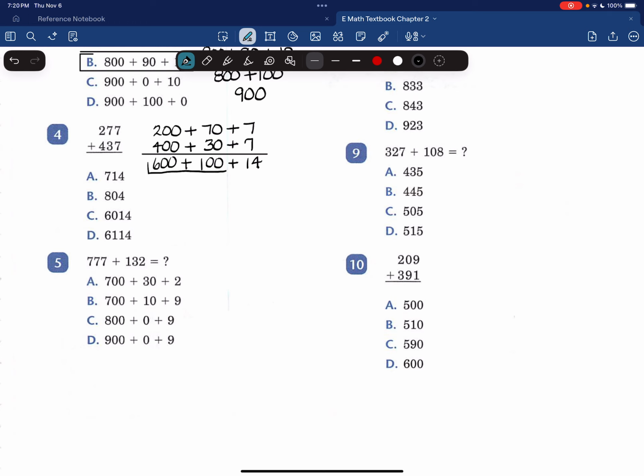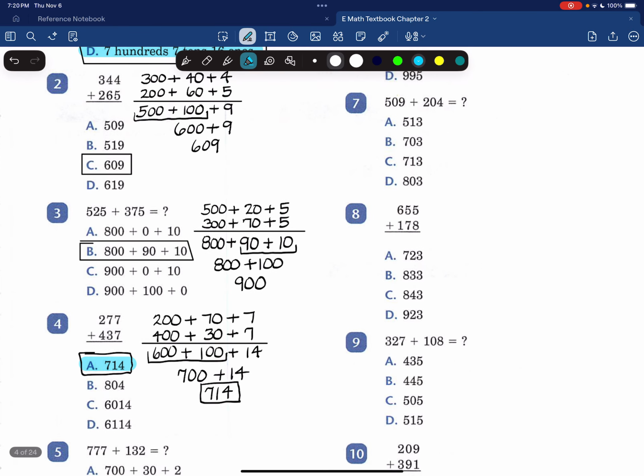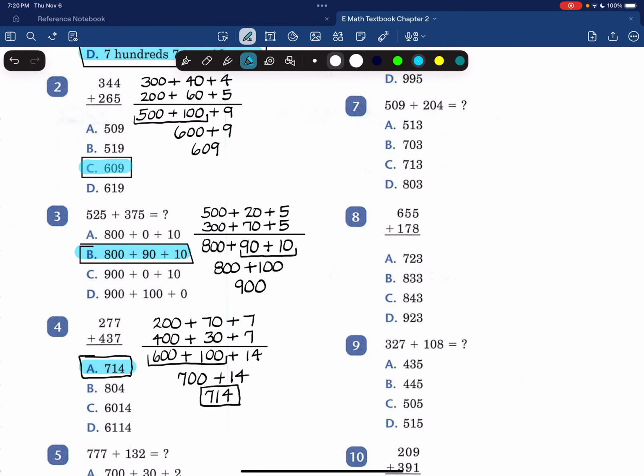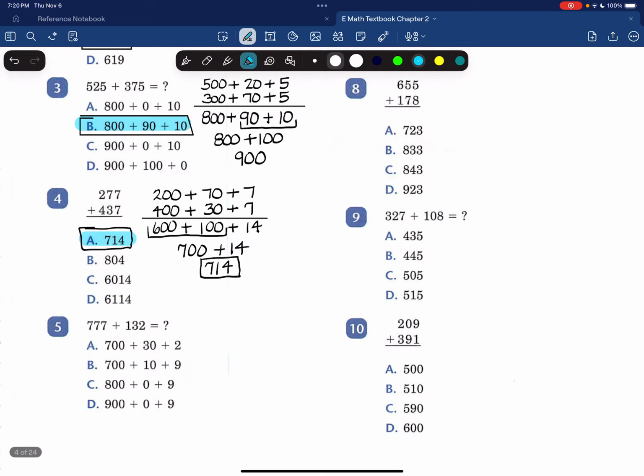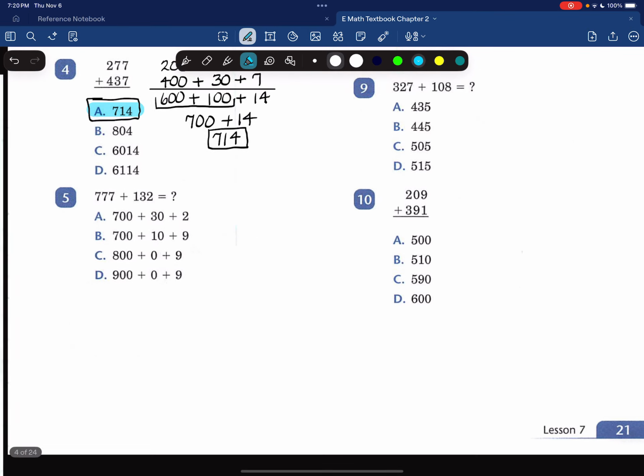So let's combine our hundreds. We have 6 flats and then another flat to make 7 flats plus 14. And that would be 714. That is option A. And I need to highlight these. I'm losing my place in all this mess. So I have to go back with the answer key and check these. But that makes it a little bit easier to do.